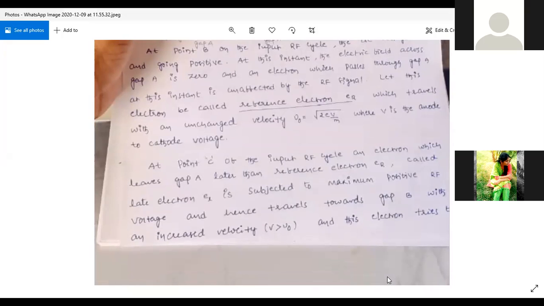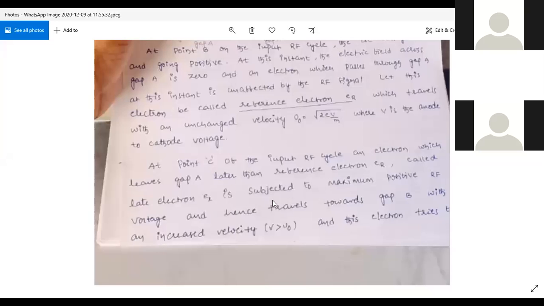At point C of the input RF cycle, the electron leaves gap A later than the reference electron ER. So one is with the same velocity, another one is later than the reference electron. That is called the late electron, and it is subjected to maximum positive RF voltage, and it travels towards gap B with increased velocity, because the electron is combined with the maximum voltage of the RF signal.